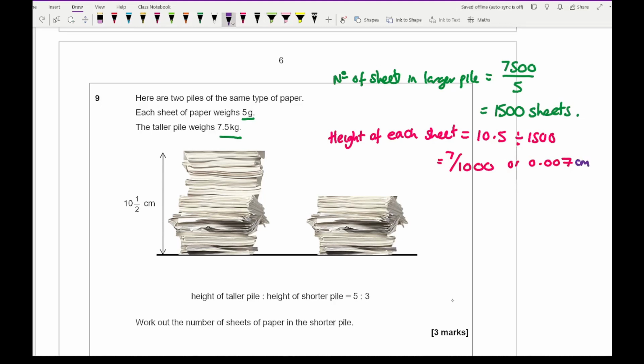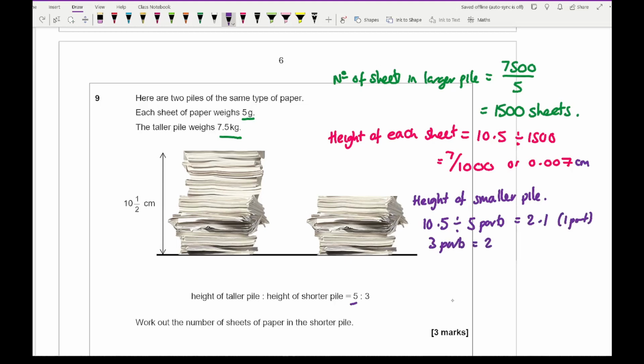Now from this, I can then work out the height of the shorter pile. And by using the ratio, I'm going to do 10.5 divided by the number of parts, which is 5. And that gives me an answer of 2.1. And that's 1 part. So then 3 parts is going to be 2.1 times 3, which is 6.3 centimeters.